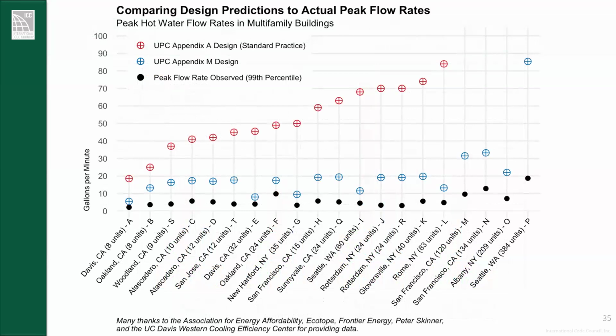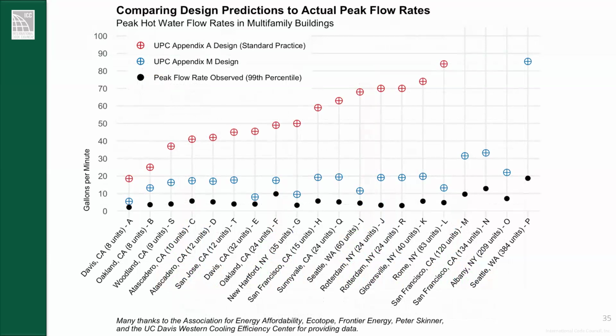A similar study was done here in the US. It was funded by the California Public Utilities Commission. They compared Appendix A in the California Plumbing Code, which is the red dots there. That's the predicted demand for, on the bottom there, these are all residential buildings.